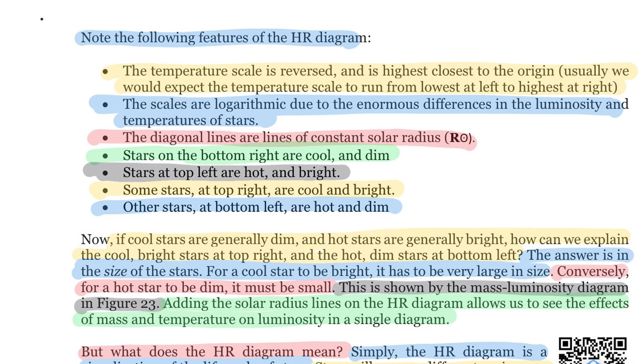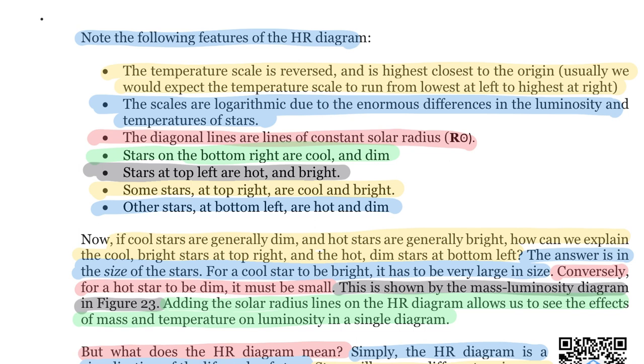So to have a high luminosity with a low surface temperature, the A factor, the surface area, has to be huge. And that is obviously for a huge star. So that is how a cool star with a low T can still have a high L if the surface area of the star is very big.